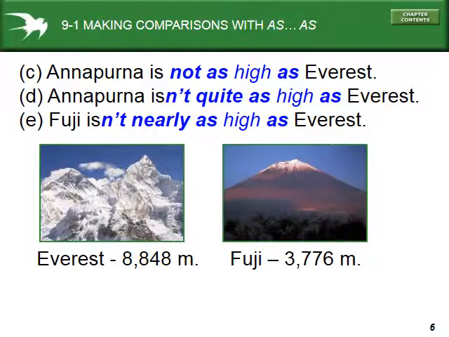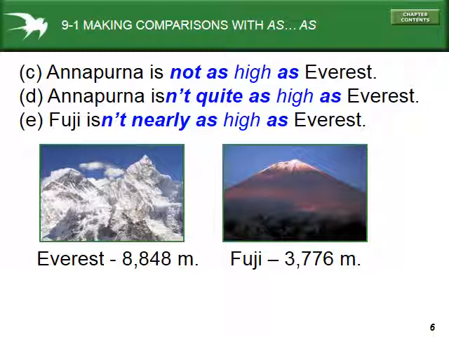So it's not a huge difference. However, in the last example, you say Fuji isn't nearly as high as Everest. You can see that Everest is 8,800 and Fuji is 3,700. So not nearly as actually means a big difference.